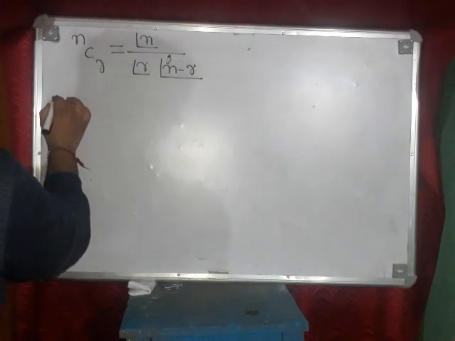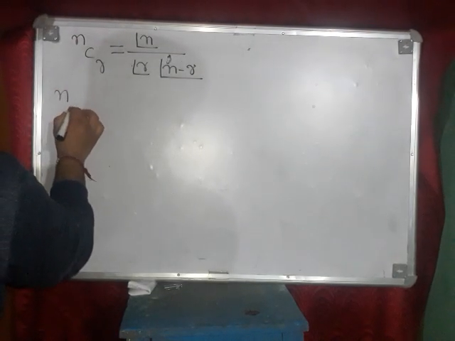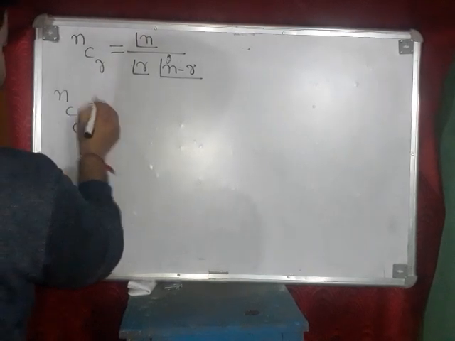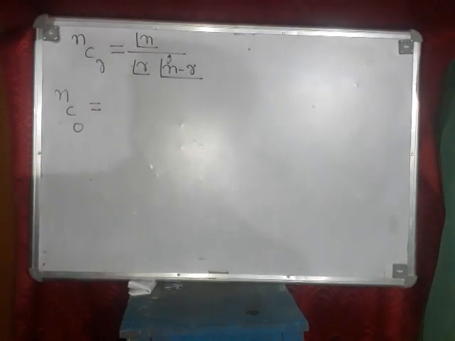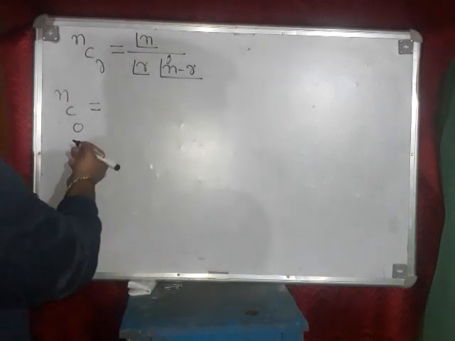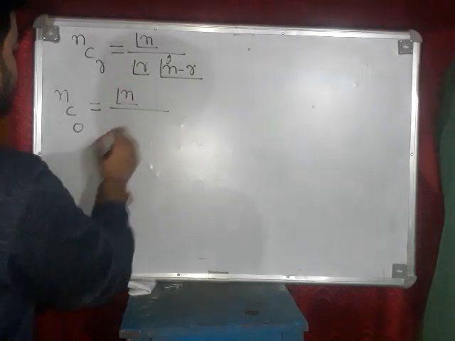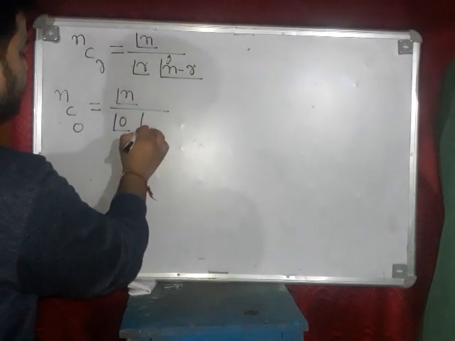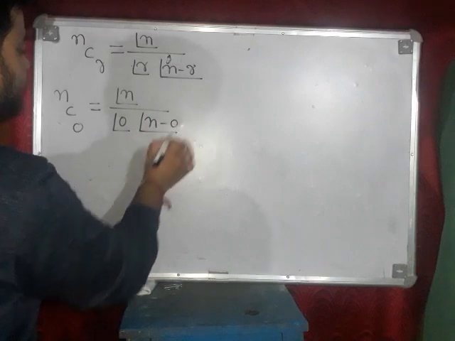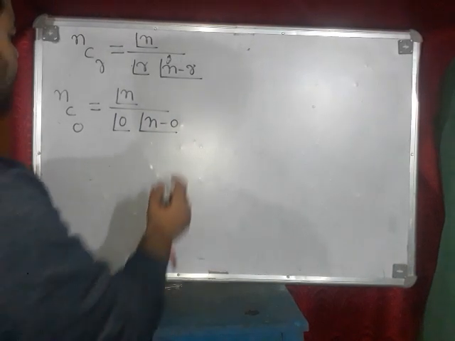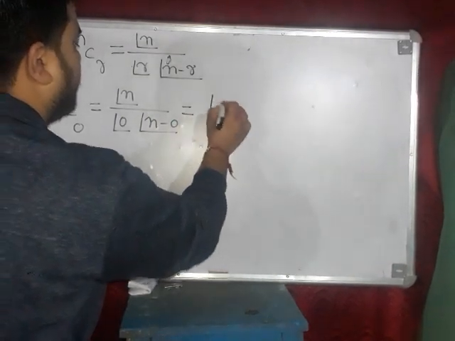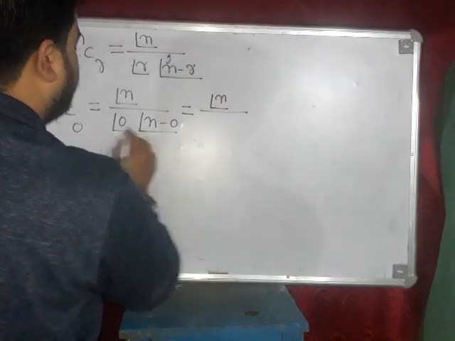At first, nC0. What will be the value of nC0? Applying the formula of combination, nC0 becomes factorial n upon factorial 0 into factorial n minus 0, that is equal to factorial n upon factorial 0.